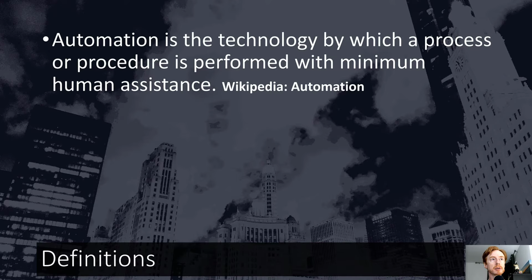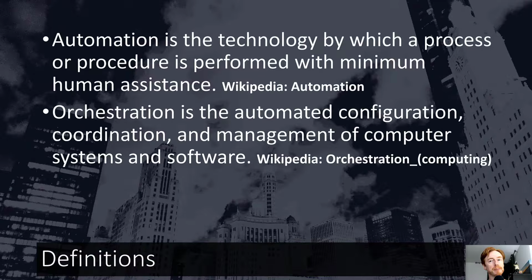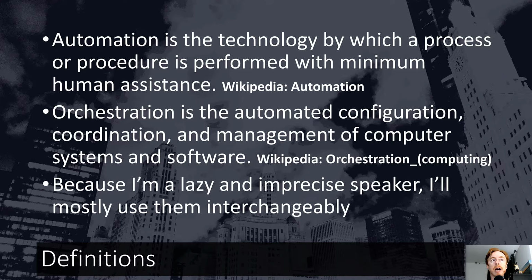By way of initial definition, automation is technology where the process or procedure is performed with minimal human intervention. Orchestration is the automated configuration or coordination across multiple different systems. I'm going to largely use these two terms together because, for our purposes of accomplishing better security operations, I don't care whether you're automating or orchestrating.